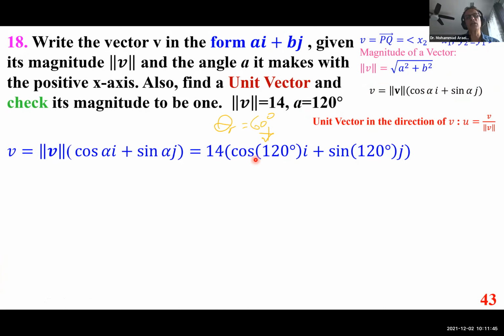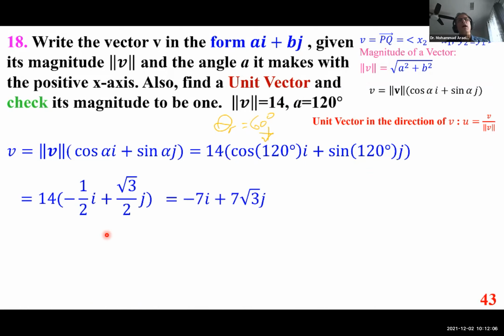However, in the second quadrant, cosine is negative. So cosine of 60 degrees is 1/2, but for 120 degrees it is negative 1/2. Sine of 60 degrees is the same as sine of 120 degrees, square root of 3 over 2. Multiply by 14. There you have it. So that's in the form of ai plus bj.